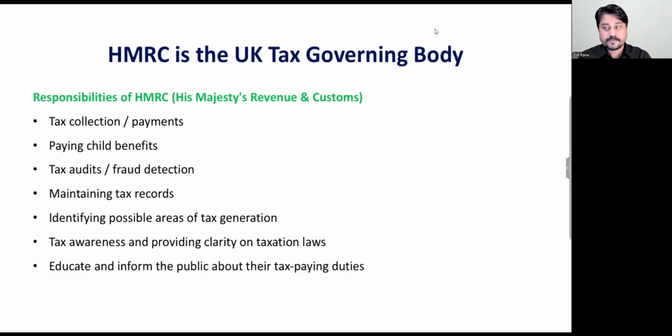If we move forward and talk about a tax governing body, every country has its own tax governing body, and the UK tax governing body is named HMRC. It stands for His Majesty Revenue and Customs.